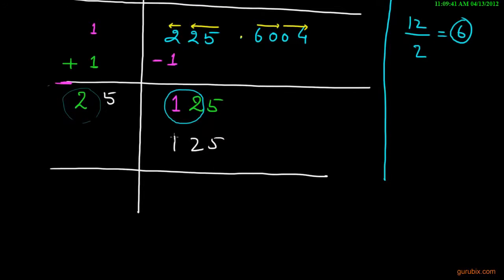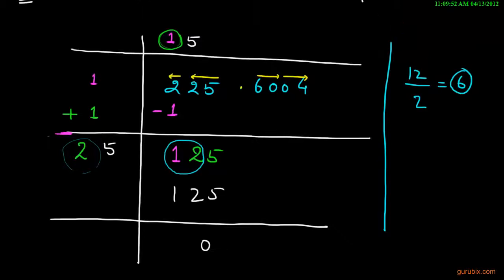And now we shall subtract 125 from this 125 to get 0, and now we shall add this digit 5 with this divisor 25 to get 30.